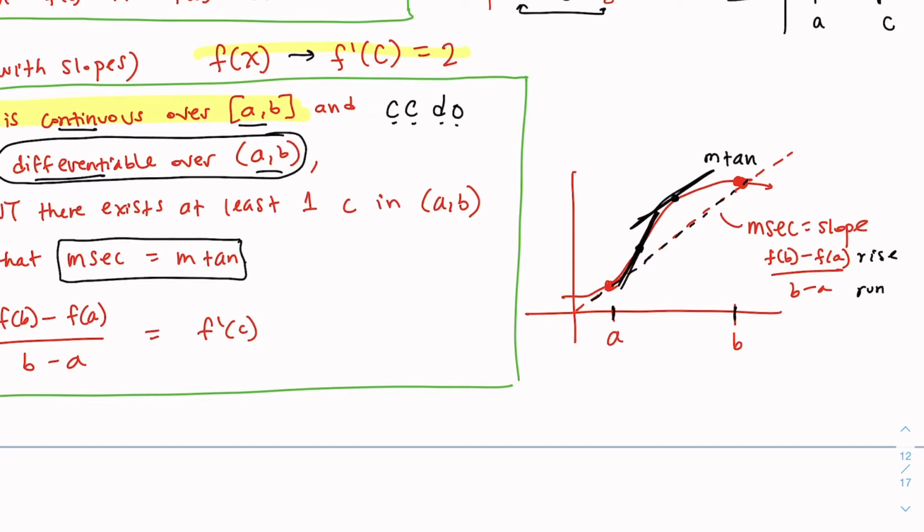This slope and this slope are not the same. But we know that somewhere in between a and b there is a point, in this case it looks like c is right around there, such that m sec equals m tan. Now the way we say m tan in calculus is f prime of c, right? The slope of the graph at that point.